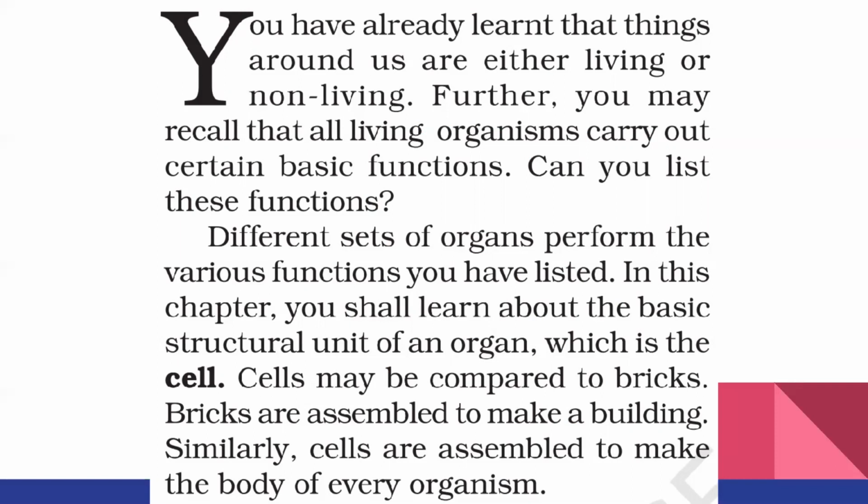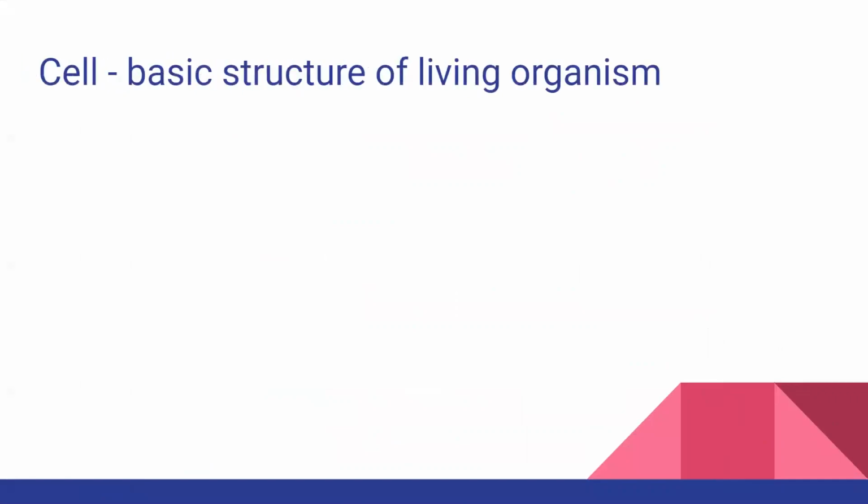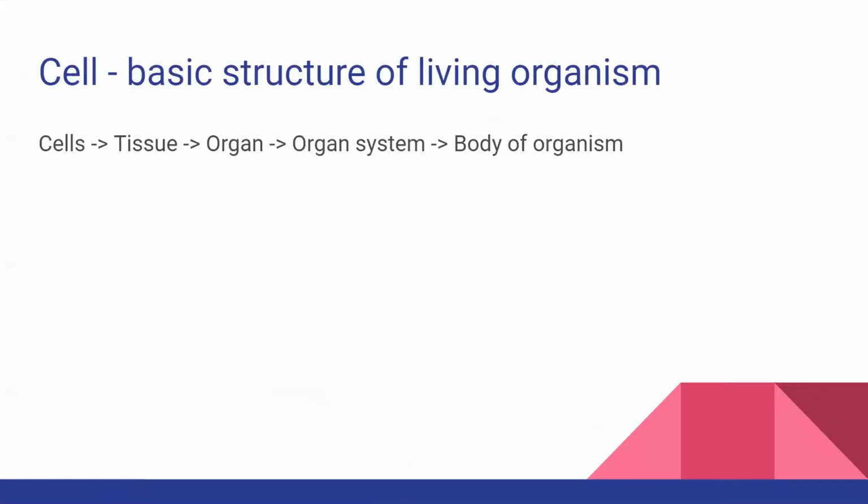So an organ is made up of a group of tissues, and a tissue is made up of a group of cells. Because of this, we can say that cells are the basic structural unit of a living organism. So you can see here, the cell is the smallest part of a living organism, we can say.